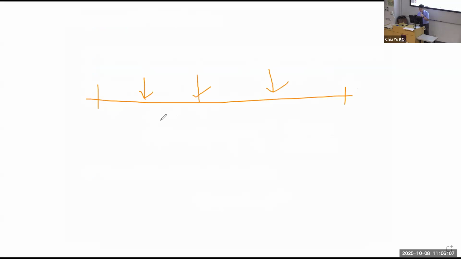How many things happen is random. But if this follows Poisson, the time for things to happen, which is continuous, follows an exponential, okay?